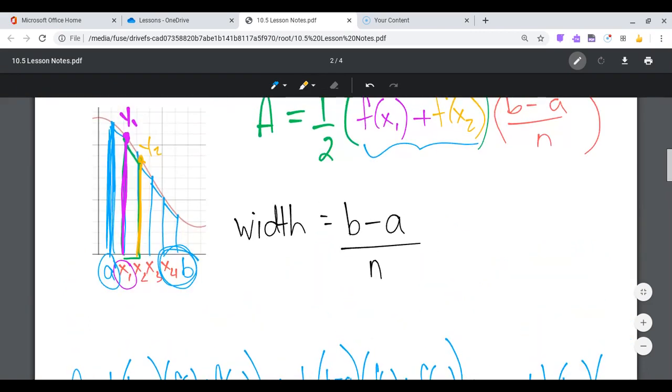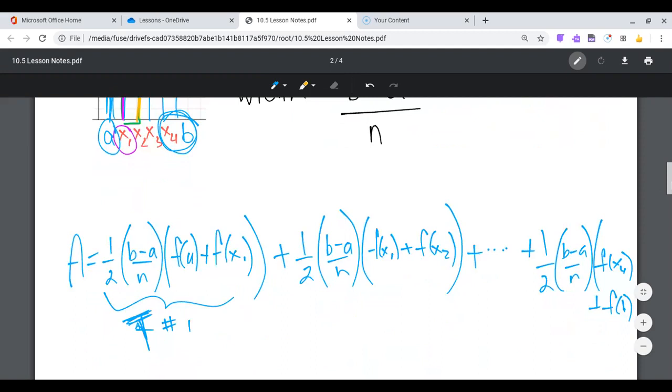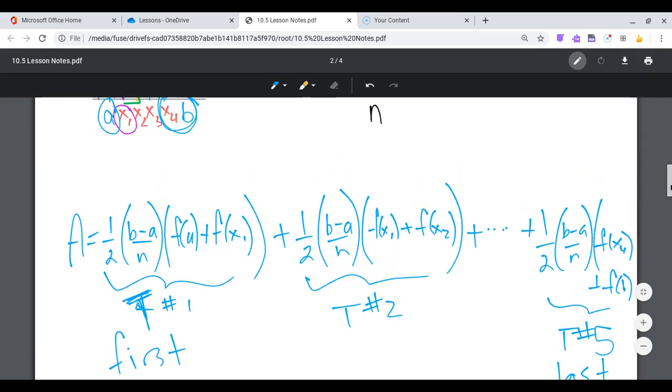Ugh, it's hard to fit anything in on this screen. Okay, so this is trapezoid number 2, and then in this case, this would be trapezoid number 5, or the last trapezoid. So we have the first trapezoid, then a bunch of trapezoids in the middle, and then the last trapezoid.